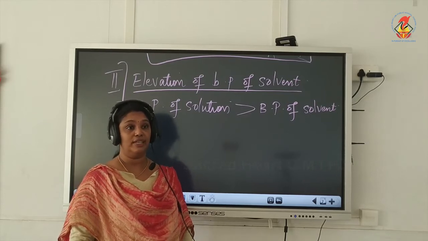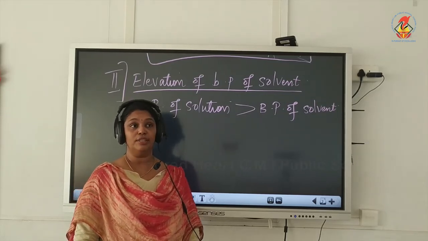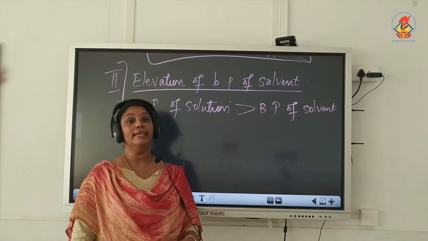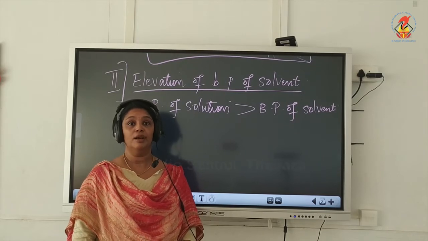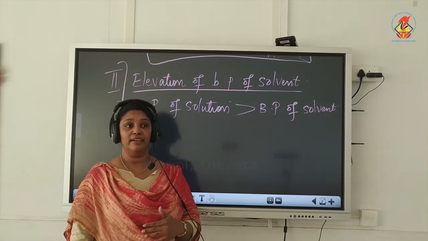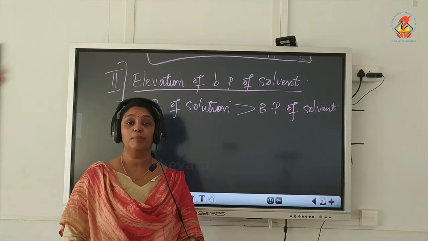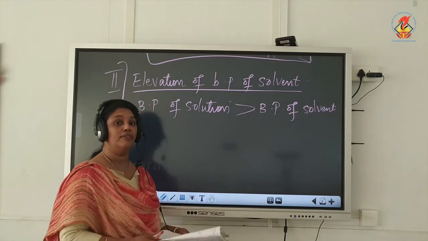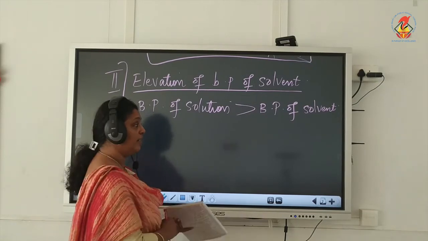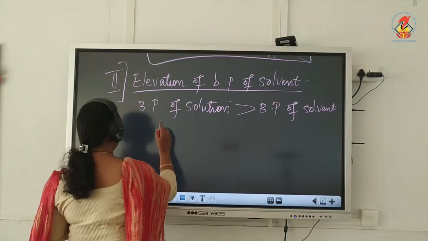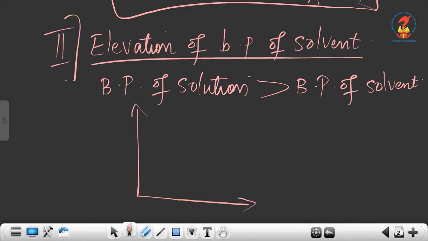When we added a non-volatile solute, the boiling point of the solution increased. That's called elevation in boiling point. To study the derivation, first we have to plot a graph, and from the graph we will derive an expression for the molecular mass of solute. The graph is between vapor pressure and temperature.